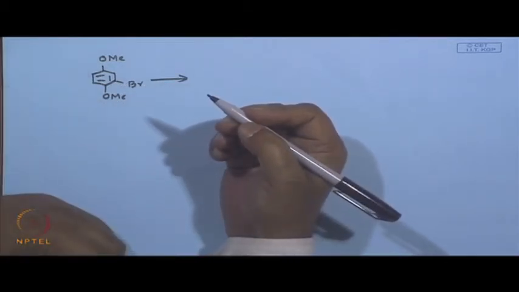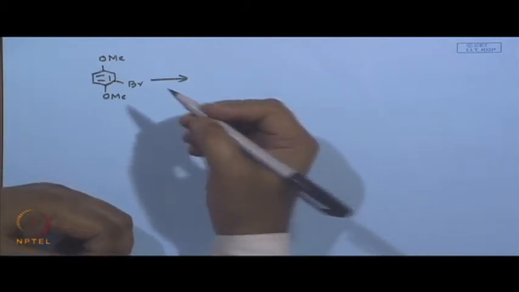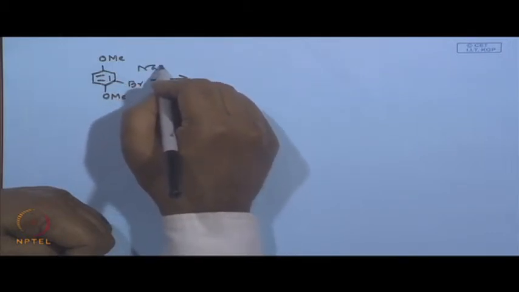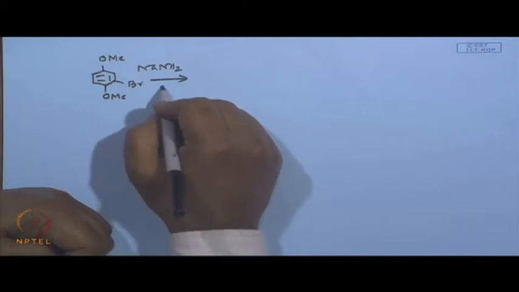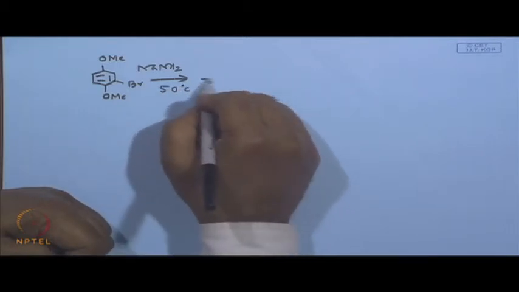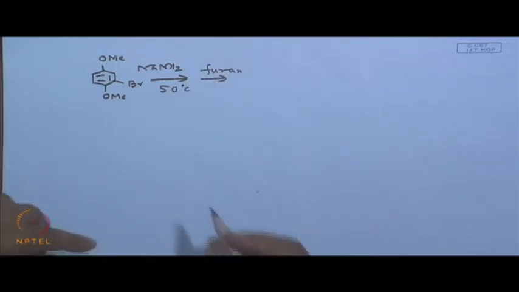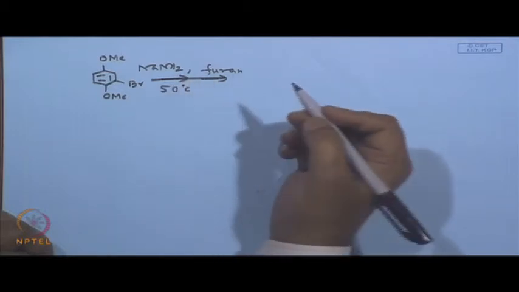All of us know benzyne also is reactive, even more reactive than an ordinary triple bond. If you can produce a benzyne, there are many ways, but the conventional one is sodamide and a little bit of temperature, at high temperature, then actually the reaction is done in one step, I should say.